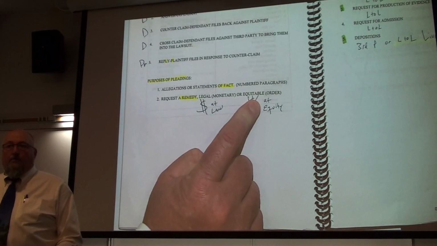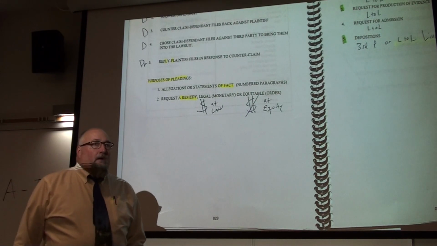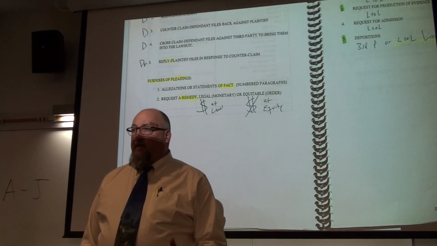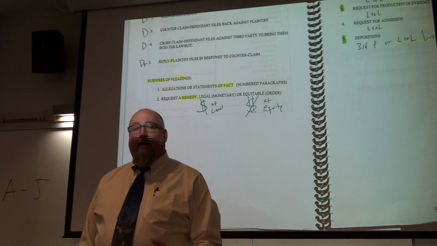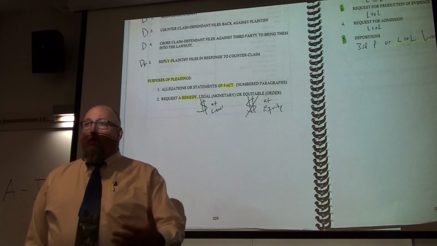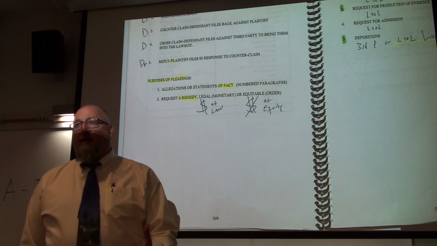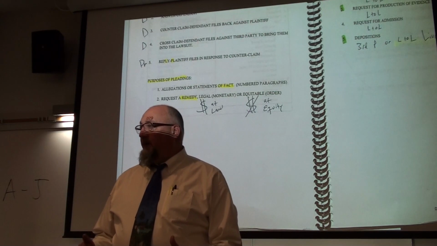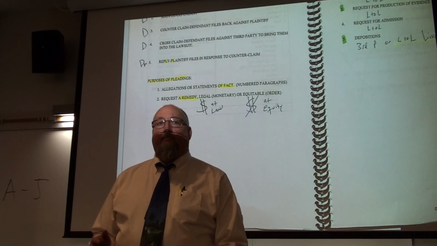Right here, equitable. That's typically a court order of some type, and it's not money. You're not asking for money. You're asking for a judge to issue an order of some type. So for example, perhaps it was a case involving environmental law, like the Endangered Species Act.